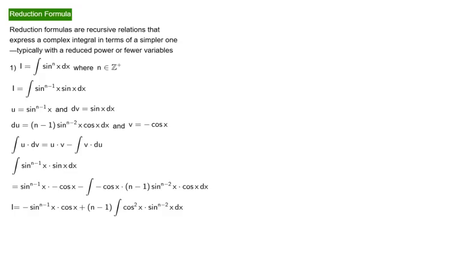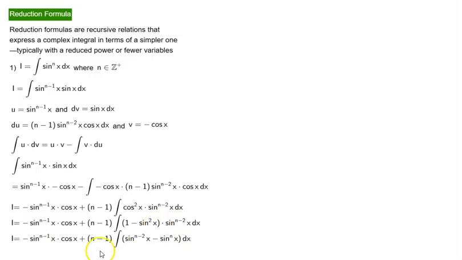Now this cos square x, we take as 1 minus sine square x. And we open up the bracket so that we get sine to the power of n minus 2 x dx minus sine to the power of 2 plus n minus 2, which gives us n, x dx.